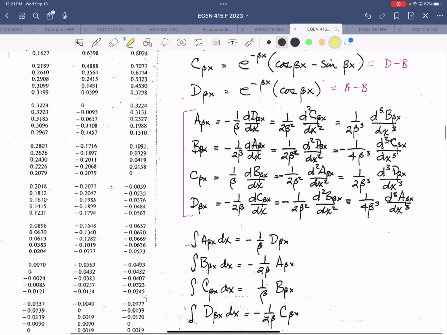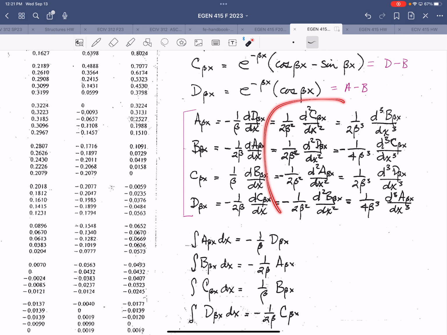So we go to our derivative table. The second derivative column is here. We find the second derivative of b beta x, and that's related to d beta x by negative 2 beta squared, that factor, okay?